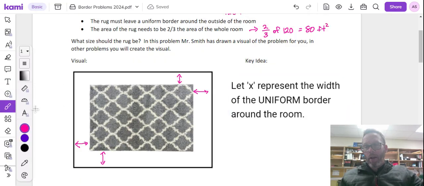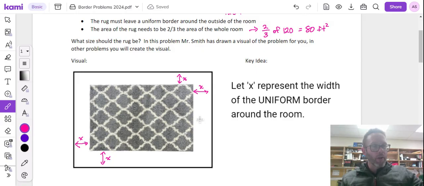I'll label that on my diagram: a little x here, here, here, and here. Essentially we're trying to find what border, 1 foot, 2 feet, 1.5 feet, will give us a rug with an area of 80 square feet.